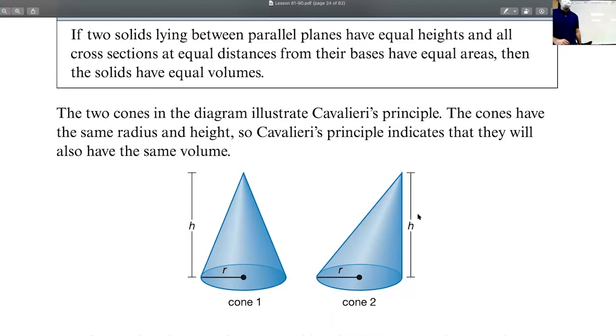So the parallel lines would be the top and the bottom. These are two different cones, but they have the same volume. Now, think about it this way.